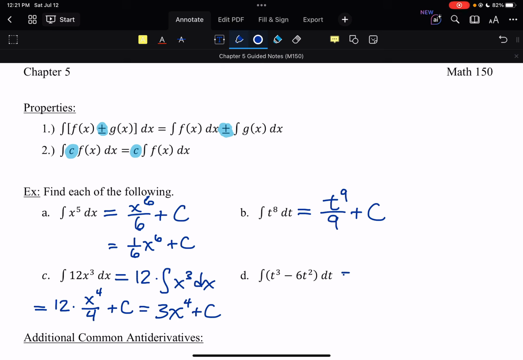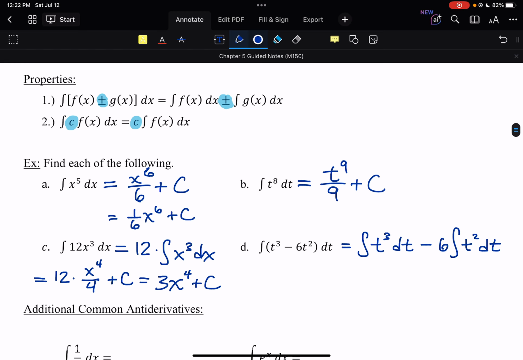Let's see, for this one, we have a difference here, so we can go ahead and split this up. Integral t cubed dt minus, and we can even pull the 6 out if we want, of integral t squared dt. So the antiderivative of t cubed is 1/4 t to the 4th, minus 6 times the integral of t squared, which is t cubed over 3.